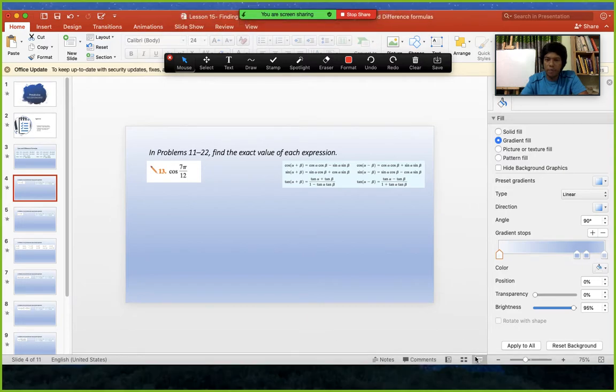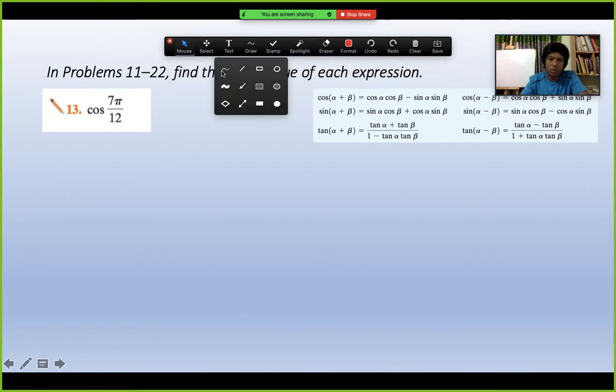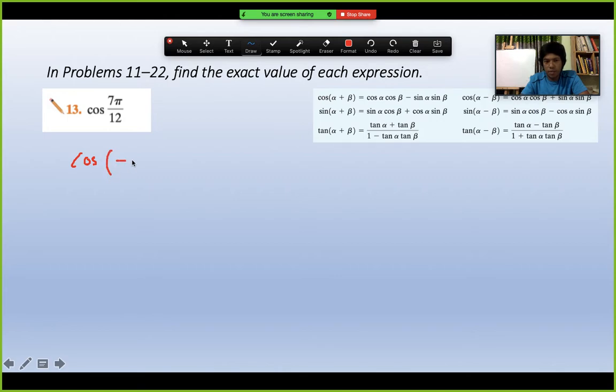So we have one math here. This is cos 7 pi divided by 12. This value we also do not know. So what we can do here is write cos 7 pi divided by 12 like this.